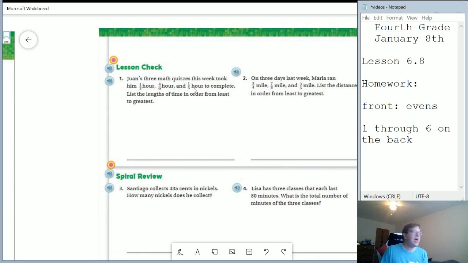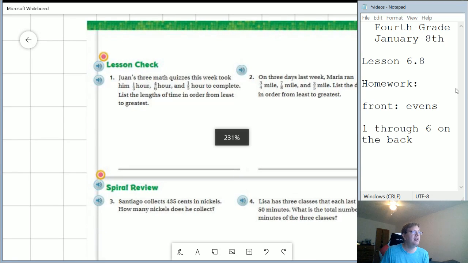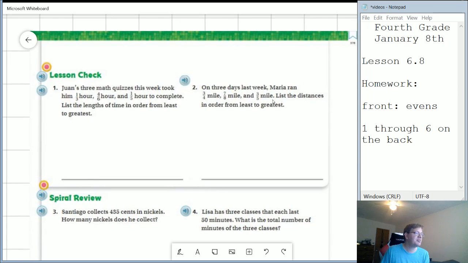And then on the back, I want you to go ahead and do all of these. So this one should be really easy. We have benchmark fractions that can help us on number 1, and then we can compare these two using the size of each part that we're counting to compare. And both of these are going from least to greatest, which is great.